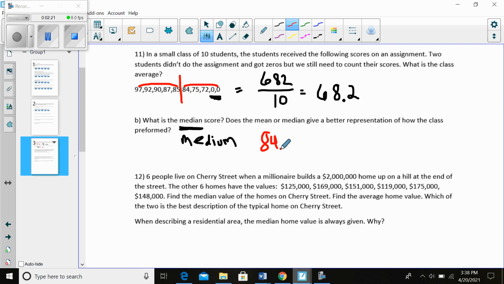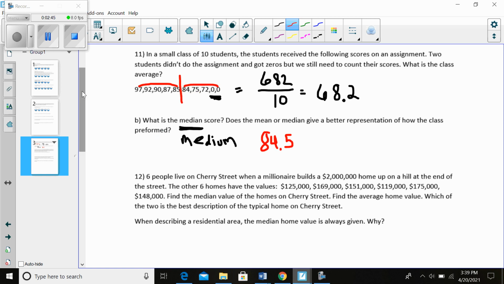Okay, that's what happens if you have an even amount of data, you average the two in the middle. So notice that the median gave us a much better representation of how the class performed. We would say, yeah, it was typical in our class to get about a score in the mid 80s. All right, that's a much better representative.